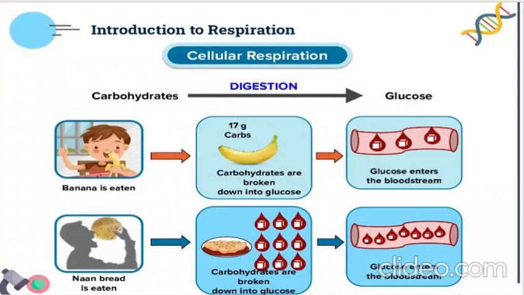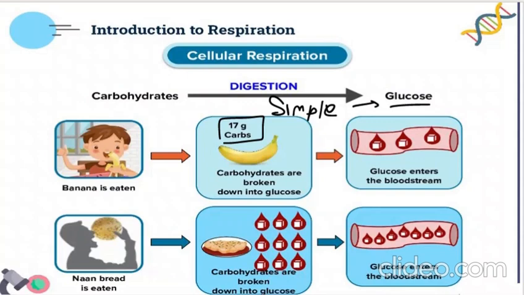Now, carbohydrates. When carbohydrates are digested, they give us glucose. For example, if we eat a banana, it is approximately 17 grams of carbohydrates. These carbohydrates break into simple molecules and turn into glucose, which goes into the bloodstream.